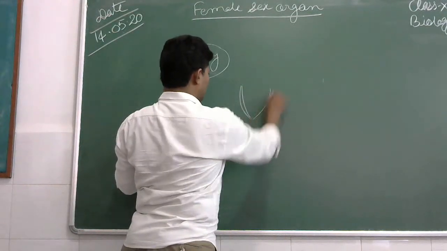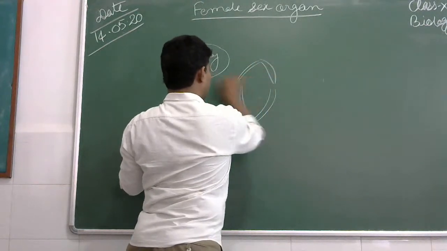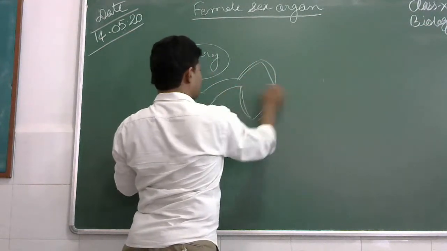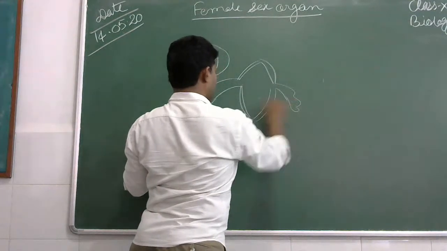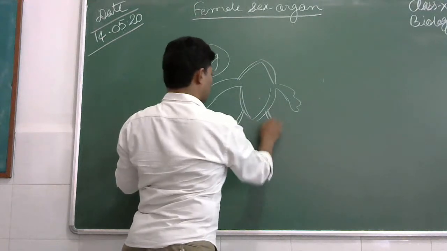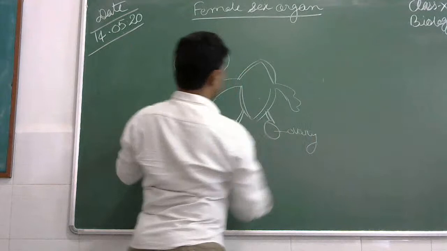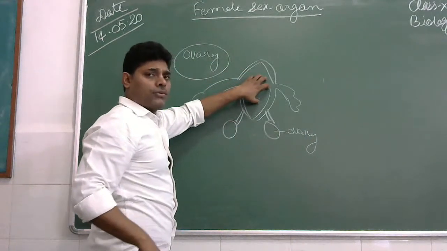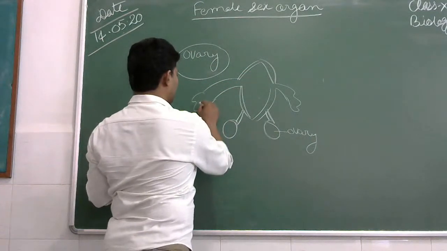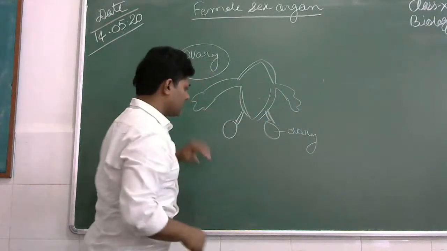Suppose this is the uterus. This is the ovary. This is the structure of the uterus. These are the infundibulum and fimbriae.